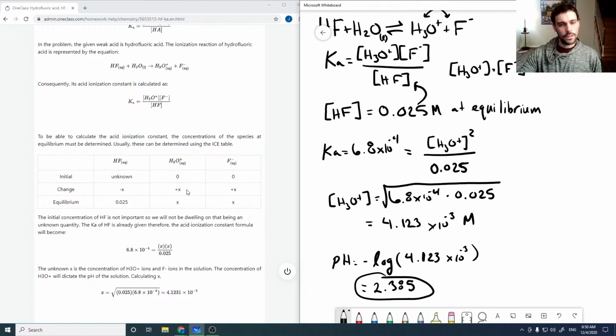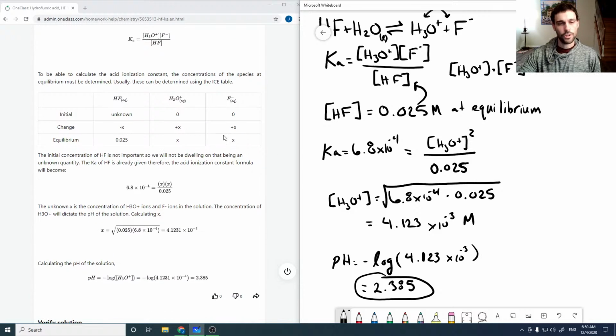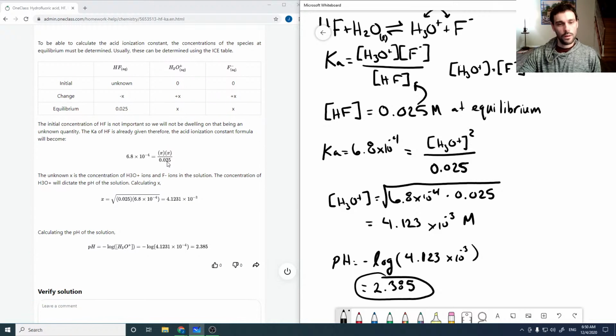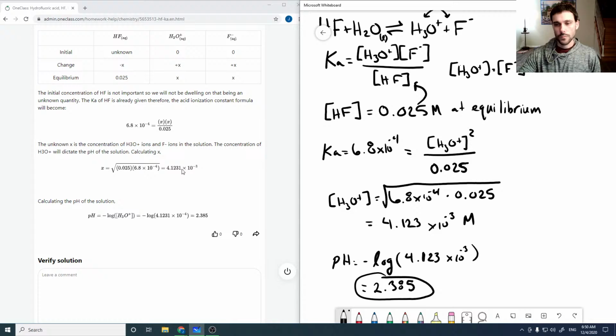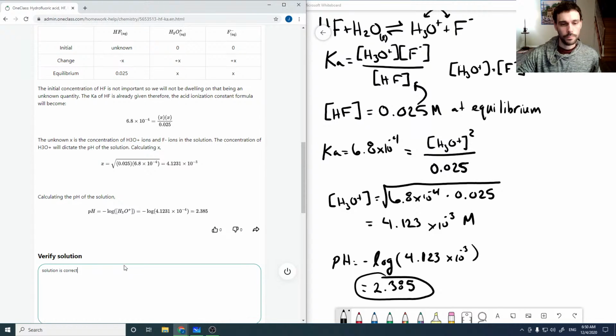You could make an ice table, but there's no point. Although it is showing you that at equilibrium, we're given our equilibrium value and the x's. It's showing that H3O plus and F minus must have the same concentration. So we get our value there and our pH. So that looks good.